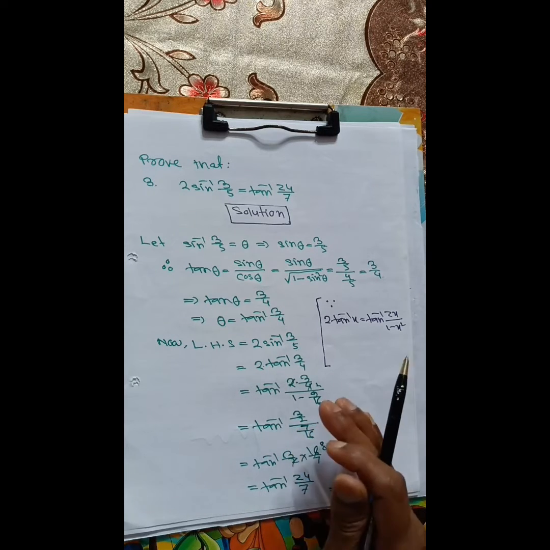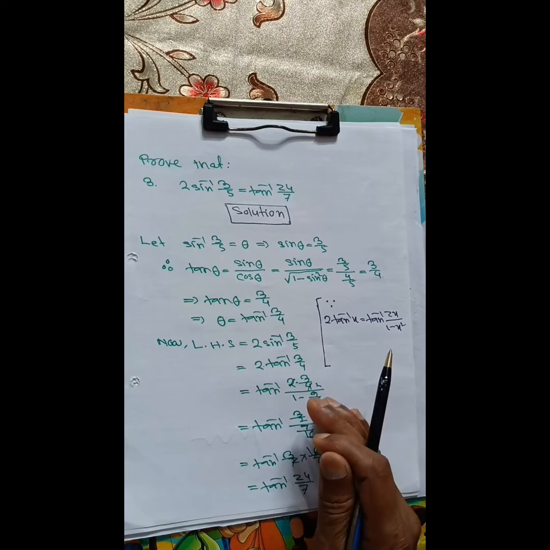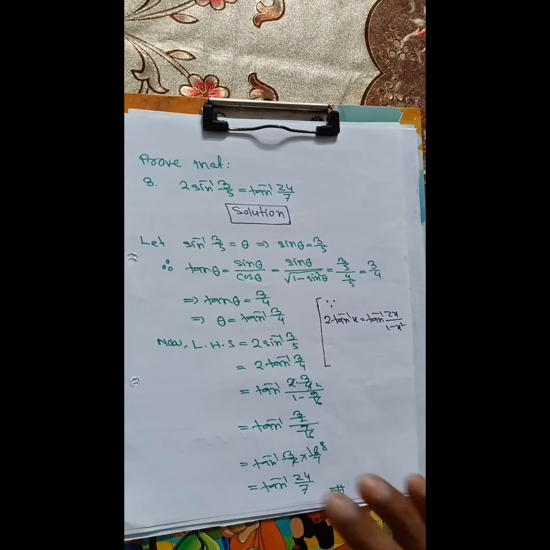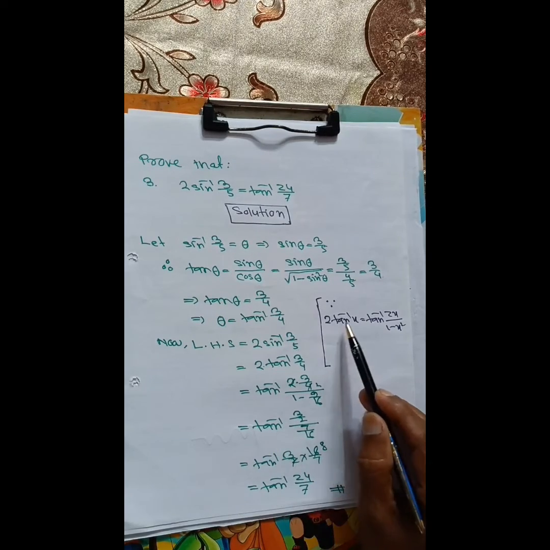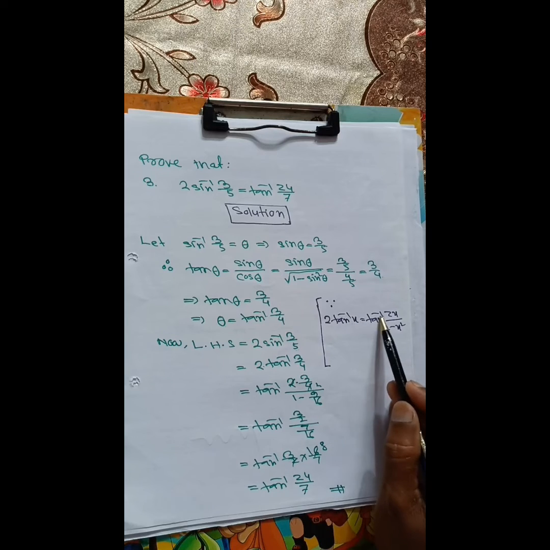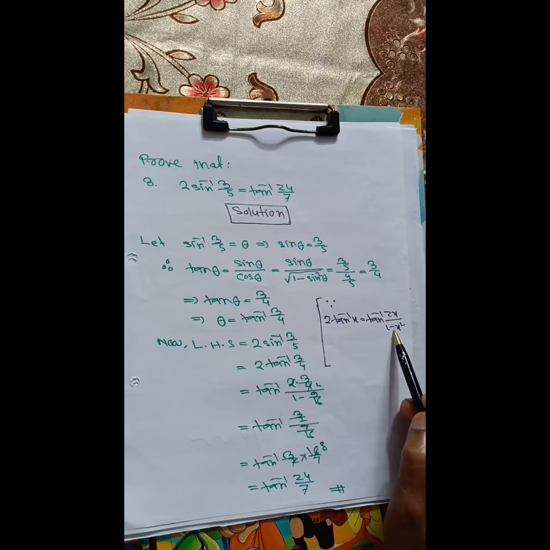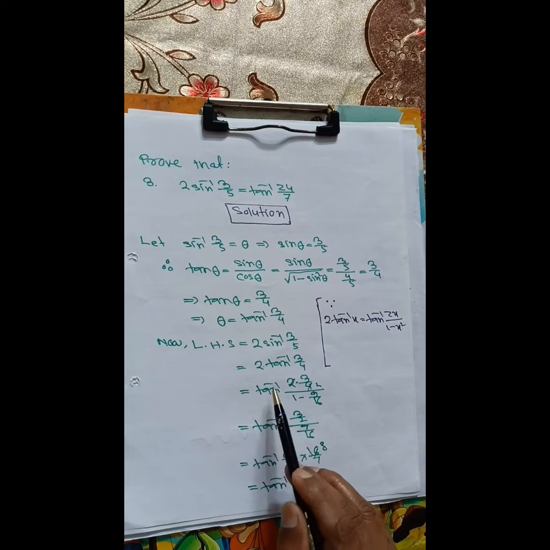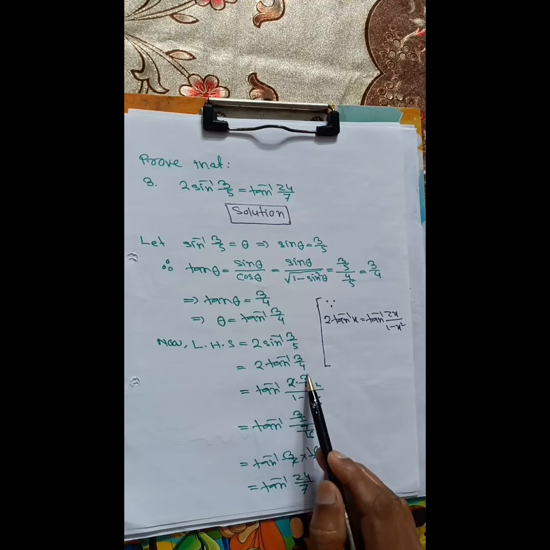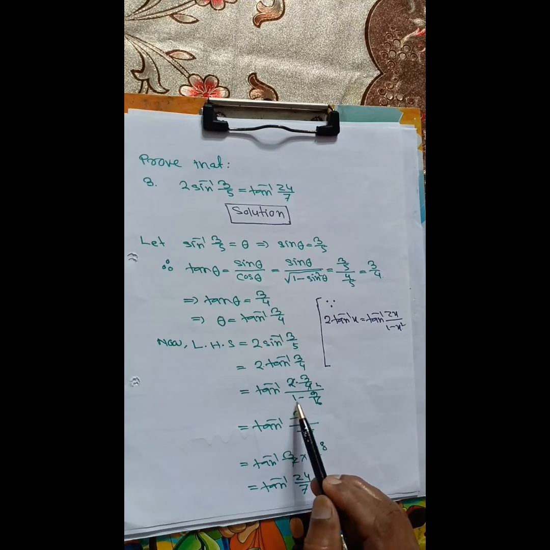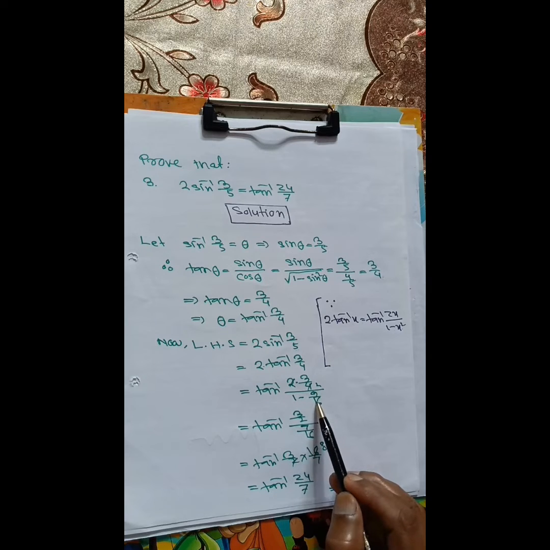There is a formula, a relation, which we have to apply. That is, twice tan inverse x is equal to tan inverse 2x by 1 minus x square. Okay, we get tan inverse 2 times 3/4 divided by 1 minus (3/4) whole square. That means 9/16.